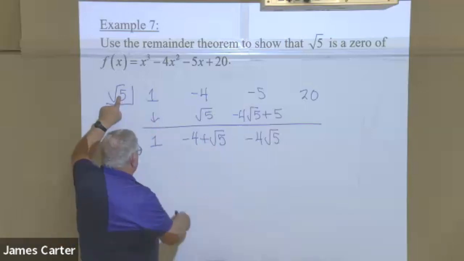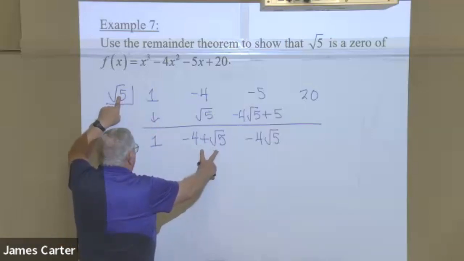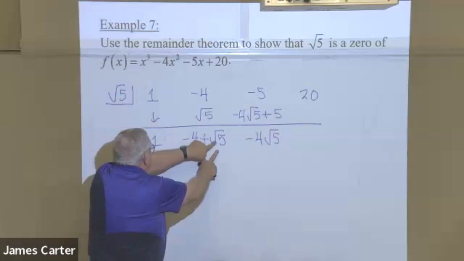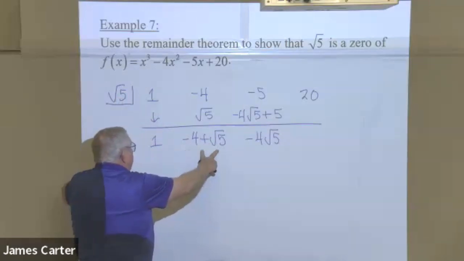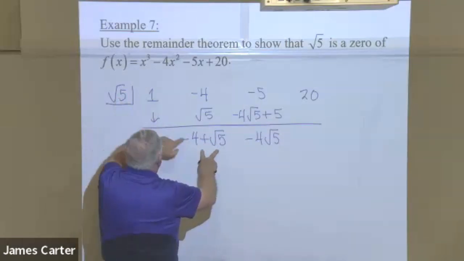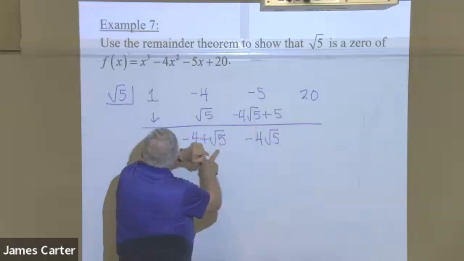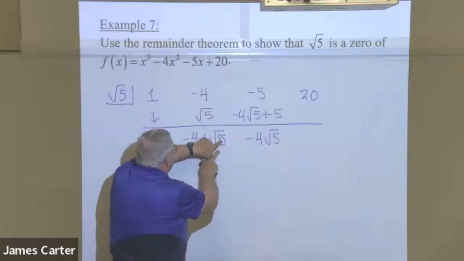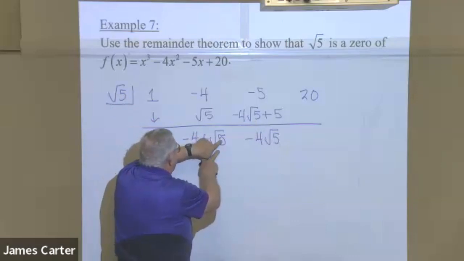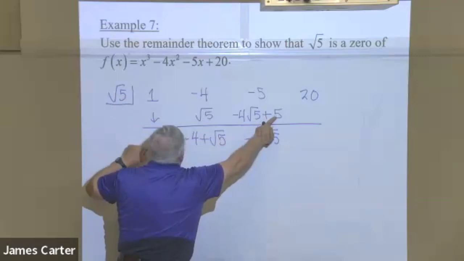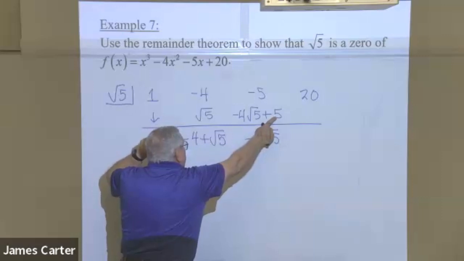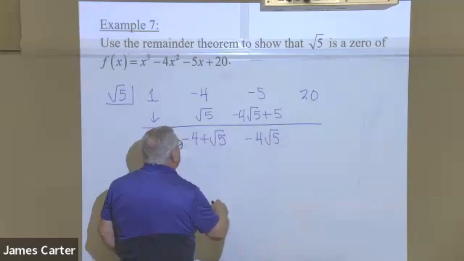Now, by distribution, I multiply this radical 5 times -4 plus radical 5. Radical 5 times -4 makes -4 radical 5. Radical 5 times radical 5 makes 5, because squaring a square root gives you the radicand.